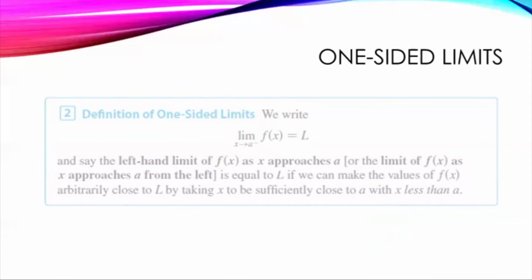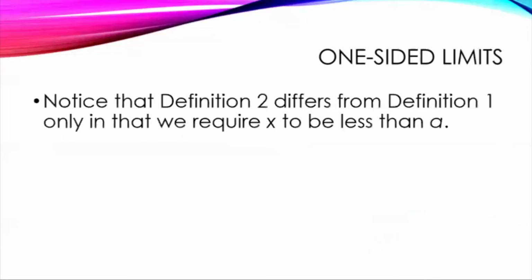Okay, so next, we have an important remark. Notice that definition 2, the previous definition, differs from definition 1. What is definition 1? It's the intuitive definition that we presented in the last topic, where we consider both sides, from the left and from the right of a.